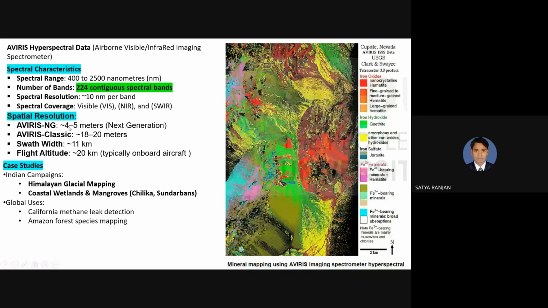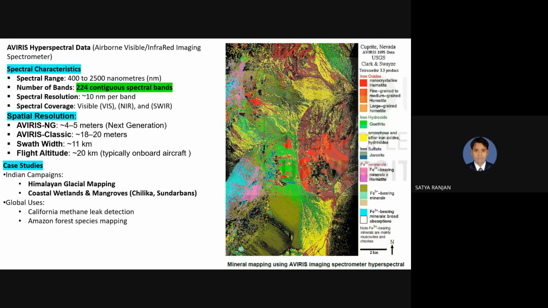It is 4 to 5 meter, and for AVIRIS-Classic it is 18 to 20 meter. Swath width is 11 kilometers. Previously we saw that it is 180 to 150, but it is very low due to the high resolution data. Some case studies have used this.